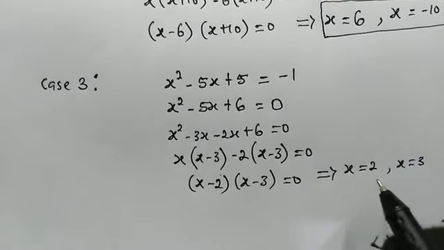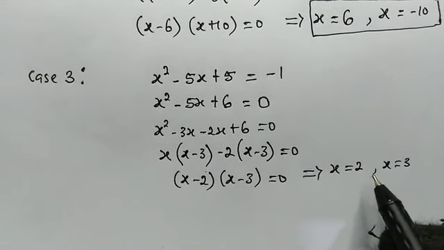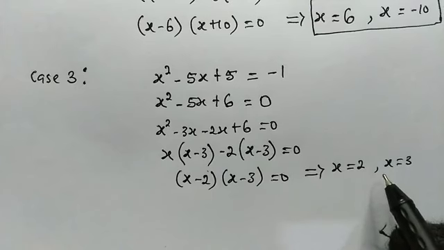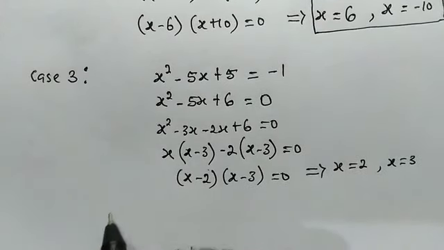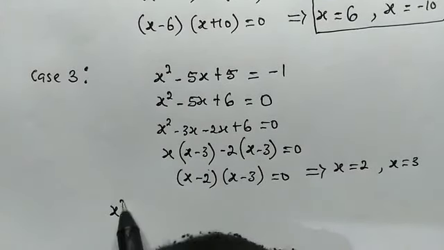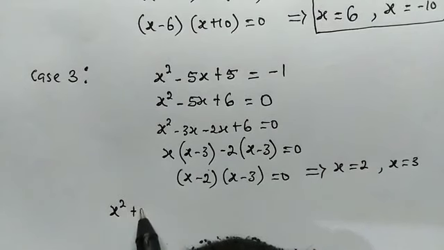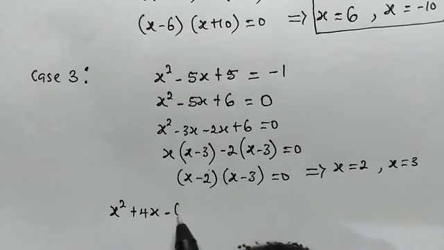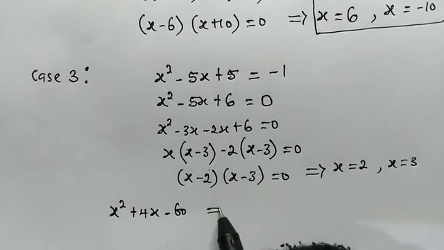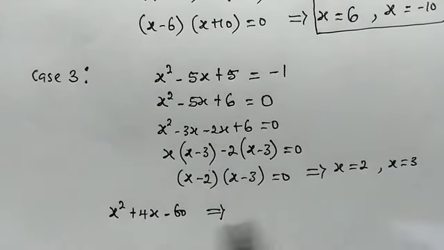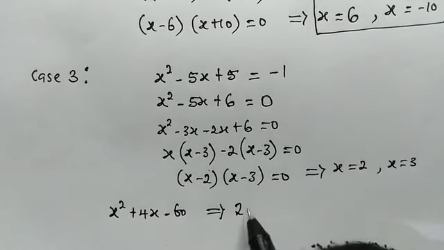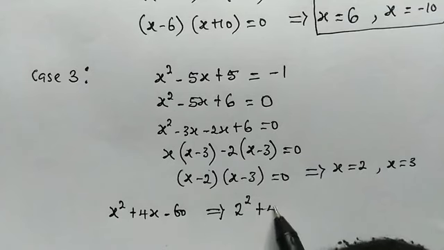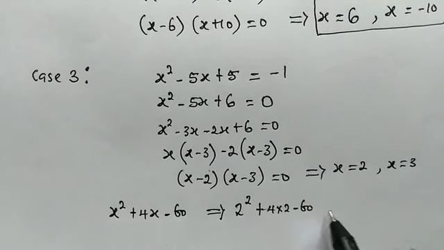But we need to check which of these values will make the power even, right? Now let's think about the power. This power here is x squared plus 4x minus 60. Now let us plug in 2. So we get 2 squared plus 4 times 2 minus 60.